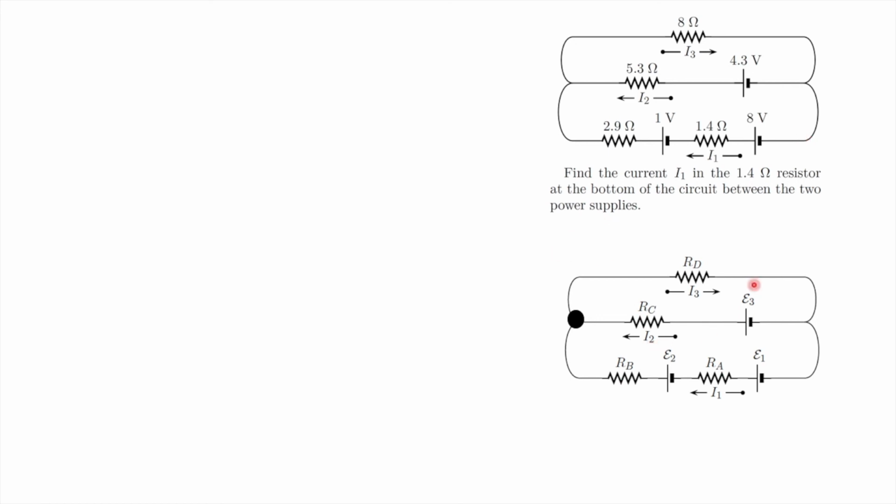So same example. This is the previous circuit that I showed. When you do problems, you can first replace all these numbers by variables. That will be easier for you to write your equations. I'm replacing the 8 ohms and all these resistor values by variables RD, RC, RB, and RA, and all my potentials are E1, E2, and E3.